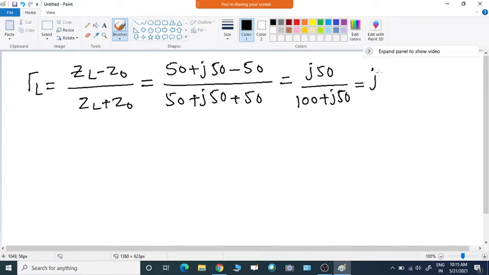So I can divide like this: j50 by 100 plus j50. Or you can use rationalization and try to find out the value. Tell me the value of gamma L.